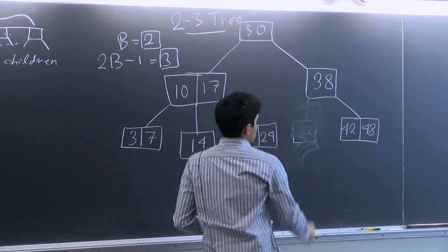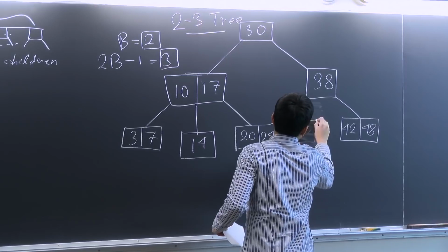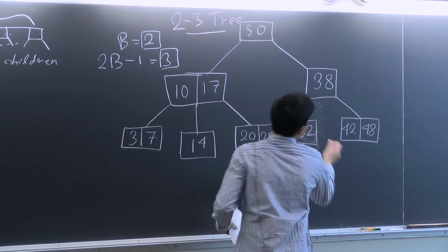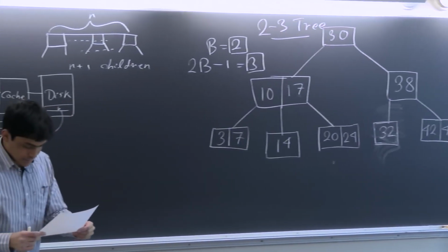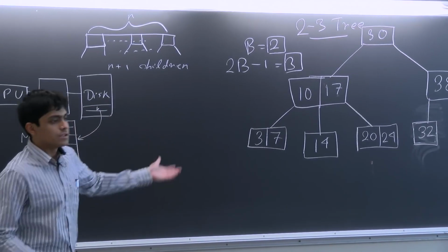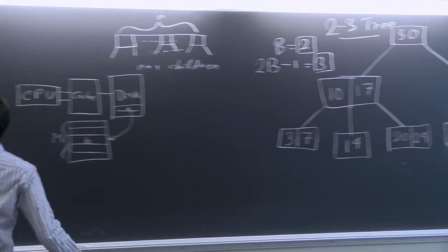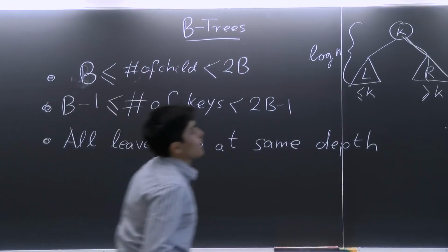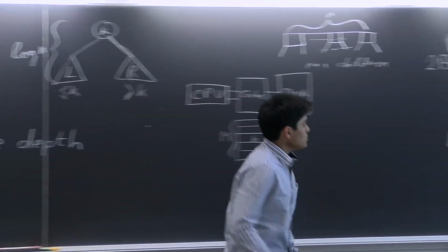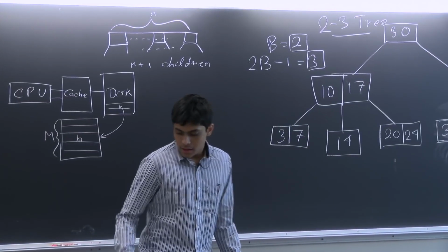This is not allowed. You have to have a leaf. You have to have something going down, and everything ends at the same level. Also, the leaves obviously don't have children, so this condition is violated by the leaf. Okay, all right. So that's the basic structure of a B tree.